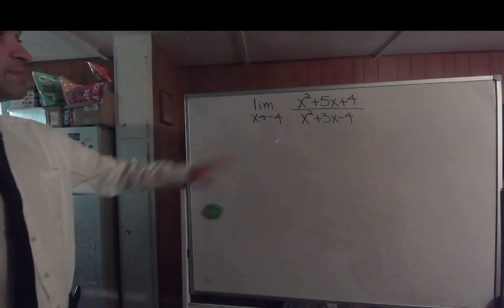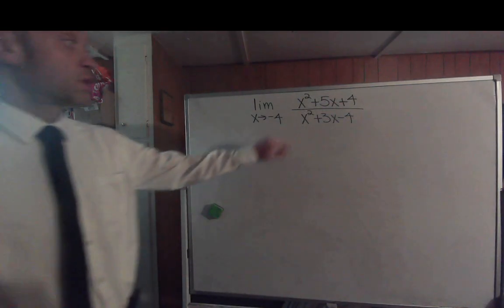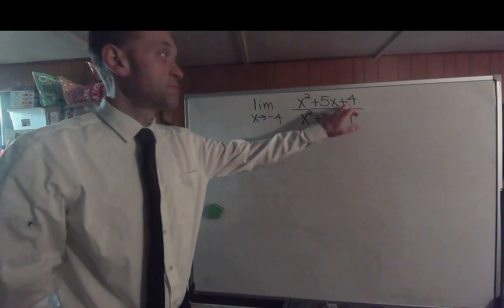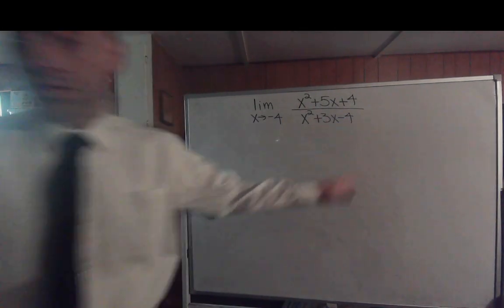So we have the limit of this function. We have the limit as x approaches -4 of x squared plus 5x plus 4, all that divided by x squared plus 3x minus 4.